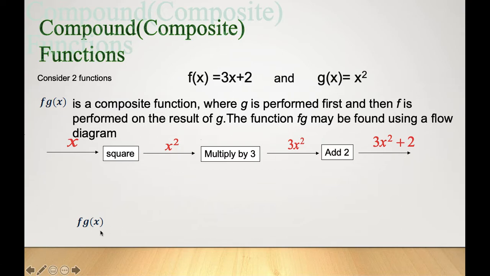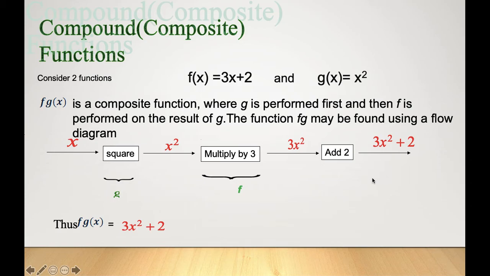So how can you write f of g of x? F of g of x equals 3x squared plus 2, where this part is our function g and this part is our function f. This is how you illustrate a composite function f of g of x with a flow diagram.